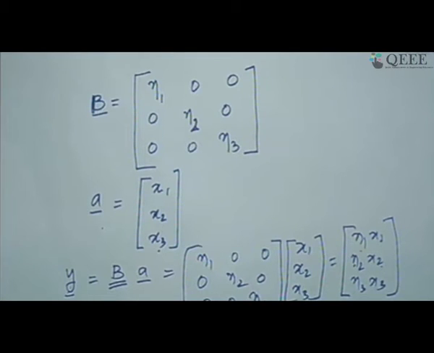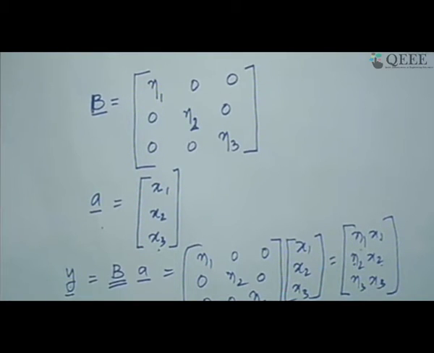Since the magnitude is a positive value, you might as well take the square itself and see what happens. So this is going to be eta 1 squared x1 squared plus eta 2 squared x2 squared plus eta 3 squared x3 squared minus x1 squared minus x2 squared minus x3 squared equal to 0.